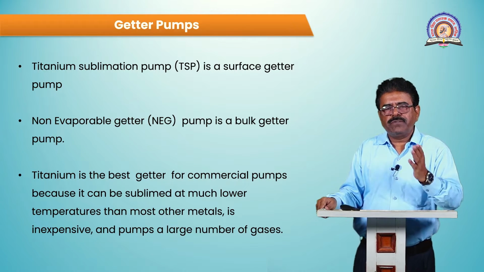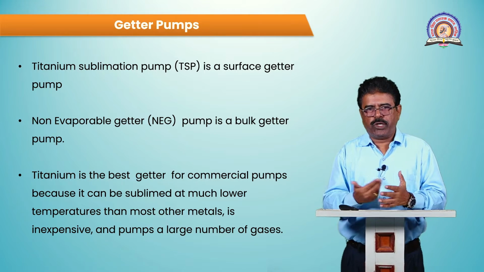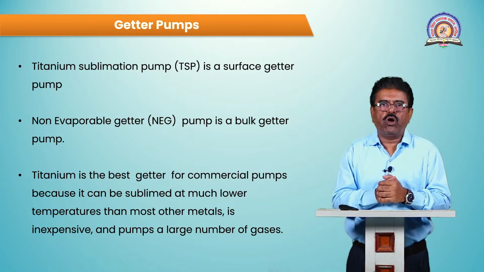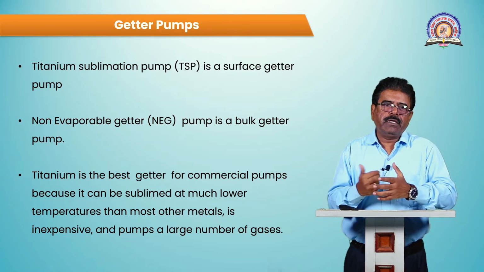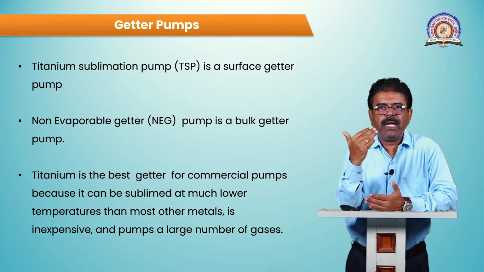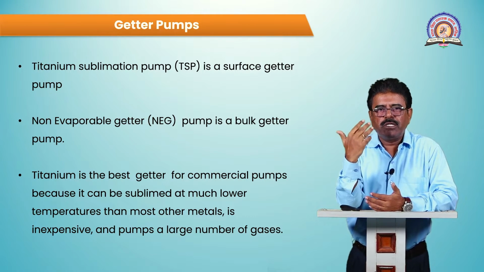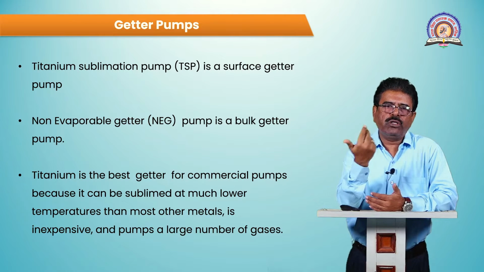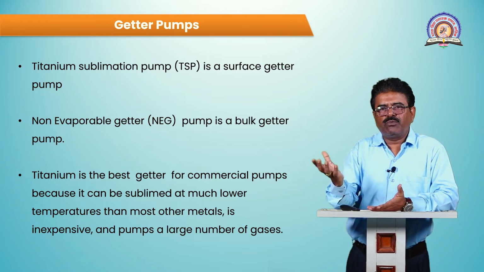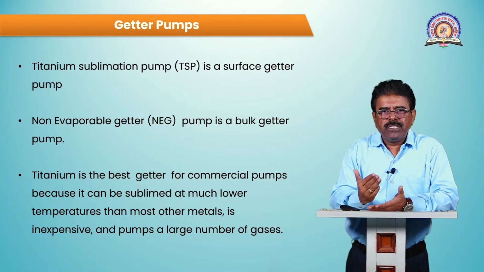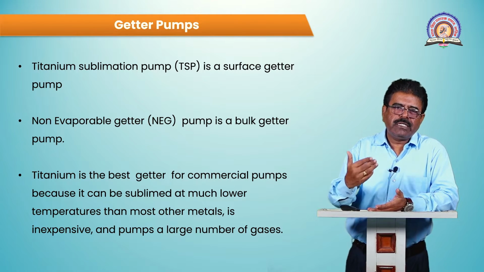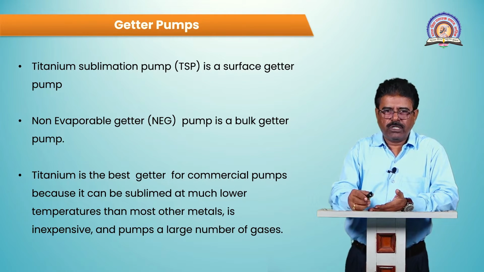Now in case of surface getter, titanium is the best choice. Why is it the best choice? There are three important characteristics of titanium as a getter material. First, it sublimates at a much lower temperature. That means in order to create the thin film on the active surfaces inside the chamber, so that the gas molecules can react, these films can be easily prepared even at low temperature, because titanium can sublimate at lower temperature.